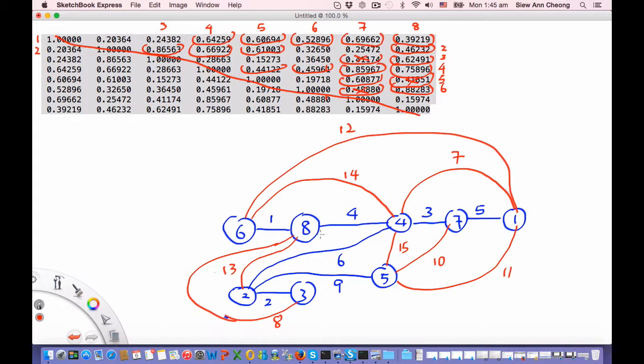Earlier on I said 8 and 5 cannot be connected, but in fact 8 and 5 can be connected. I missed the path. So earlier on there was 8 and 5 and 7 and 3. 7 and 3 is not possible, but 8 and 5 is possible. I missed it, but now I put it back in.